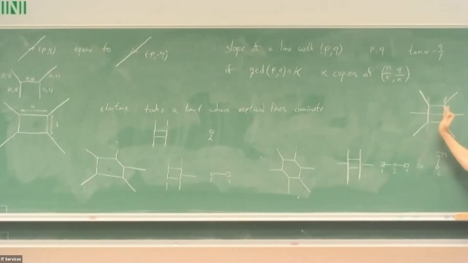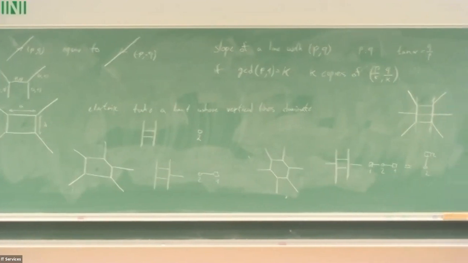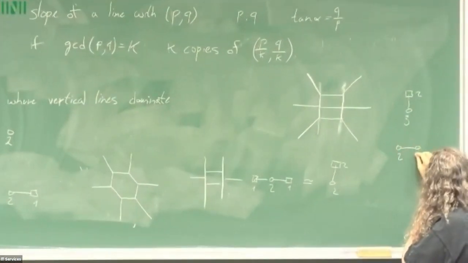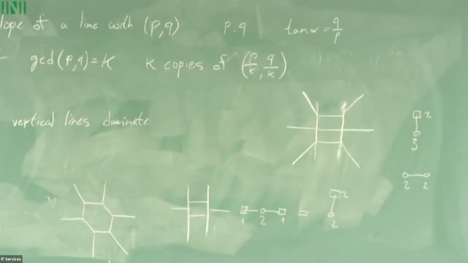So if I divide like that, I'll get a 3 and a 2. But if I look at it from this way, it will look like 2 and 2. Okay, so there is some nice property we could extract for those two objects.